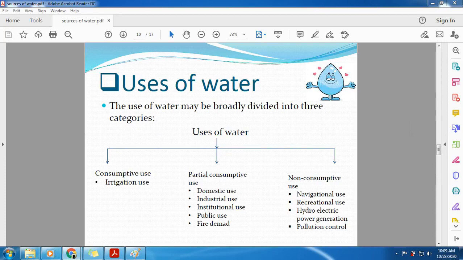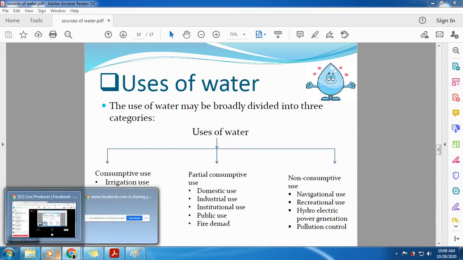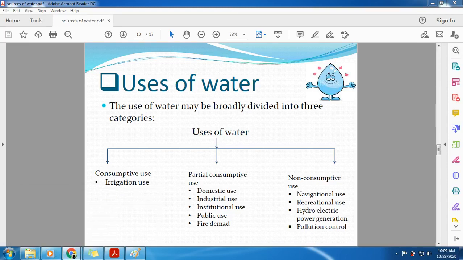I'm waiting for comments. What is evapotranspiration?